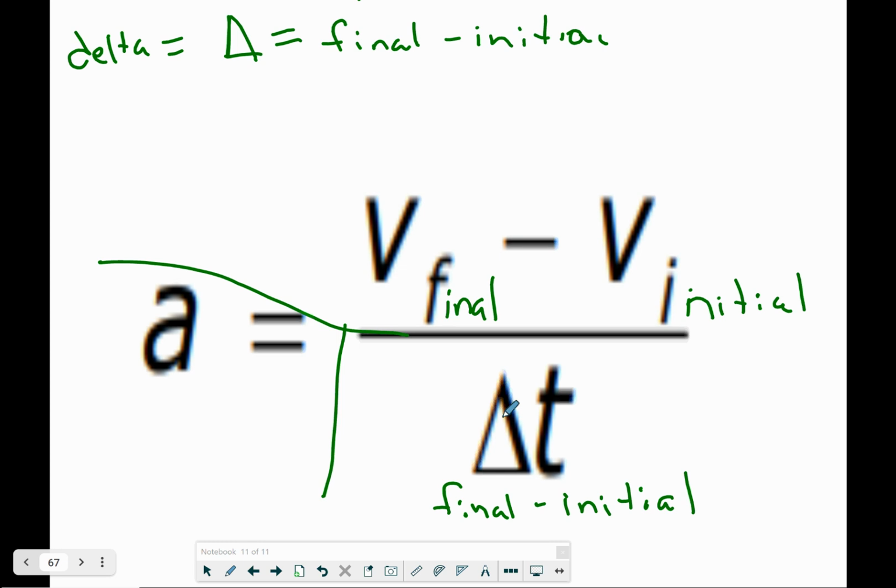The delta V divided by the delta T equals the acceleration. Acceleration times delta T equals delta V. So remember, delta equals the triangle, which I didn't draw that nicely, I'm sorry, which equals final minus initial.